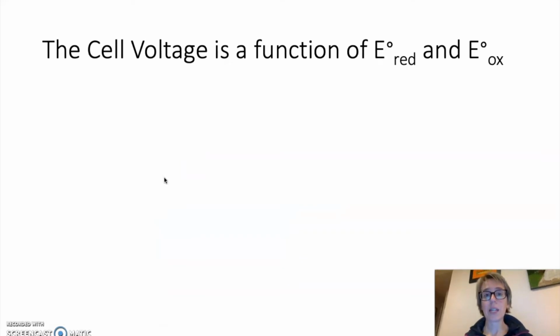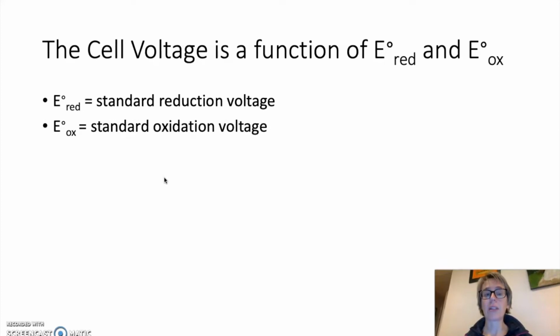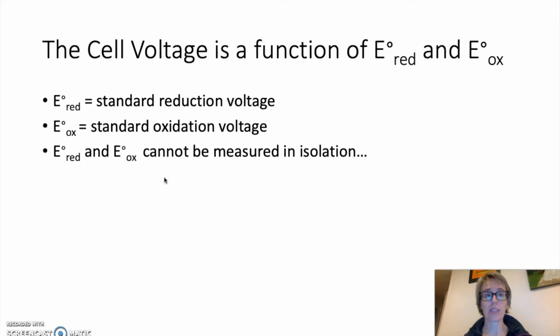We can further think about this cell voltage as being a function of the standard reduction voltage and the standard oxidation voltage. Basically, the energy levels of the two half reactions.